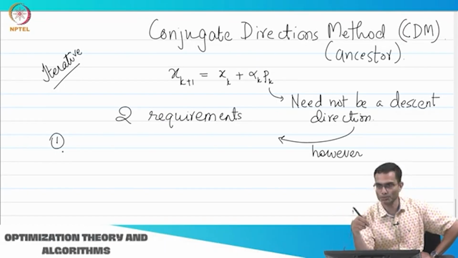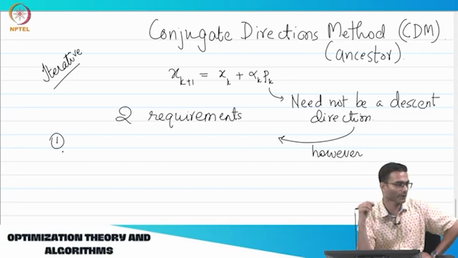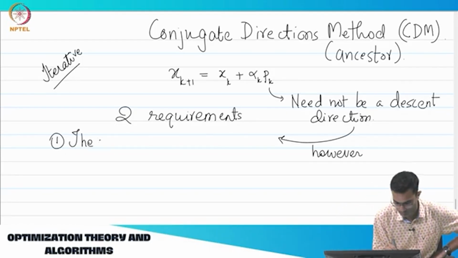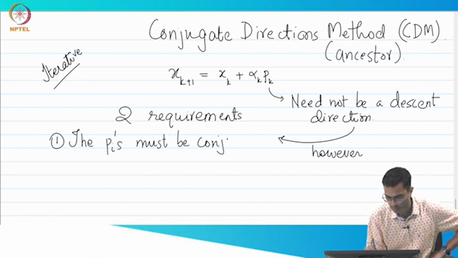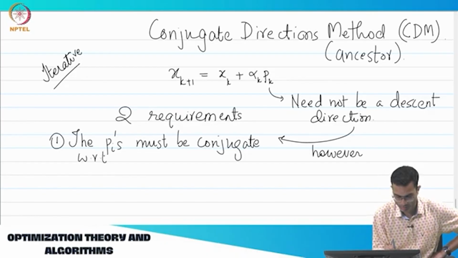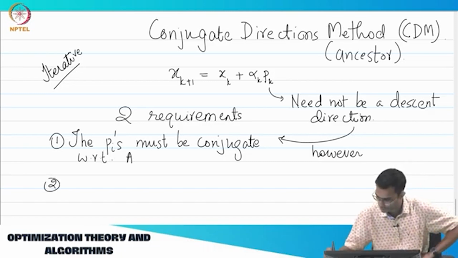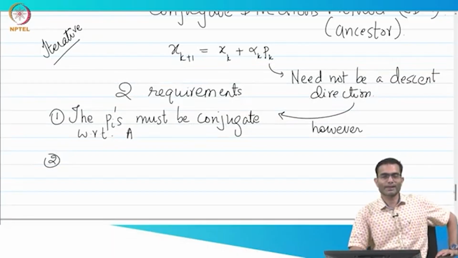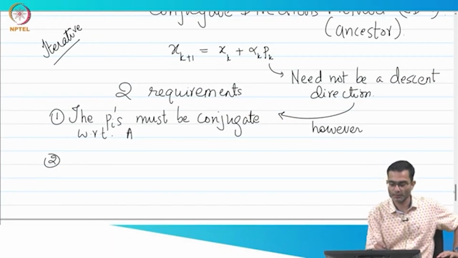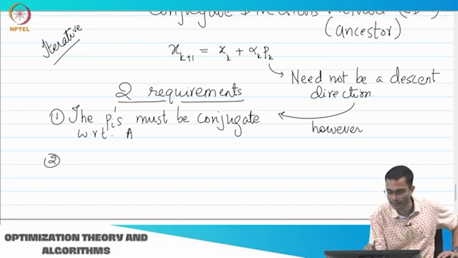The p's that I choose should be conjugate with respect to A. The pi's must be conjugate.